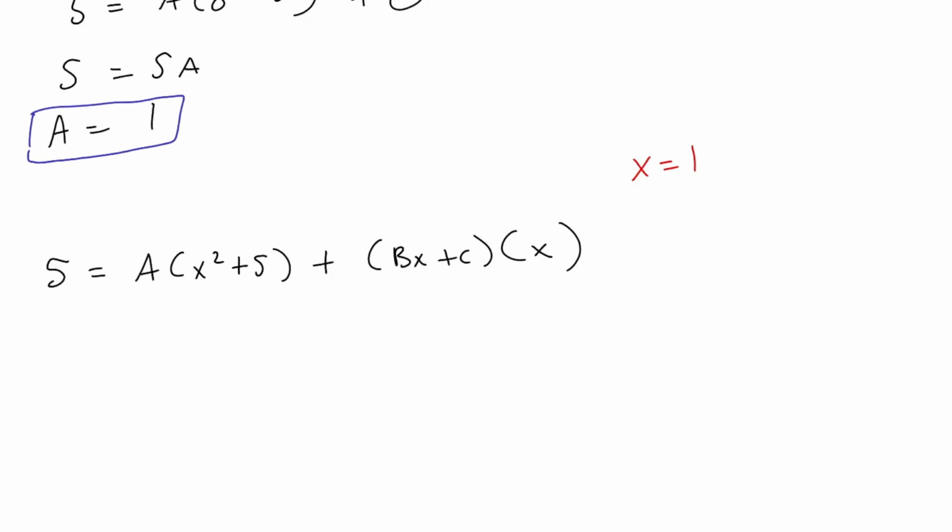And also another thing to understand is that we're going to be using our idea that A is also equal to 1 in this case. We're going to sub this back in so we can use it. So 5 is going to be equal to, oopsies, actually, it's going to be 1 times 1 squared plus 5, plus, I'm going to actually simplify this further, so it's going to become Bx squared plus Cx.